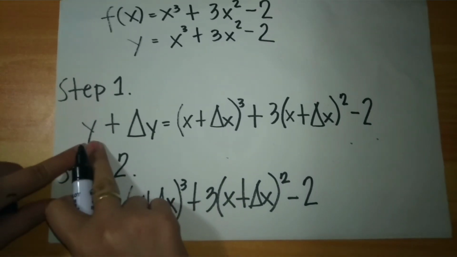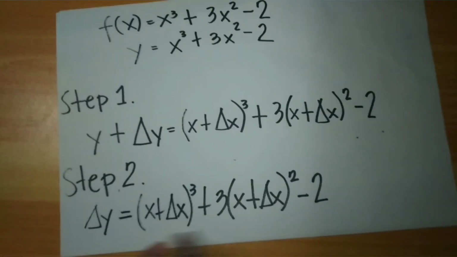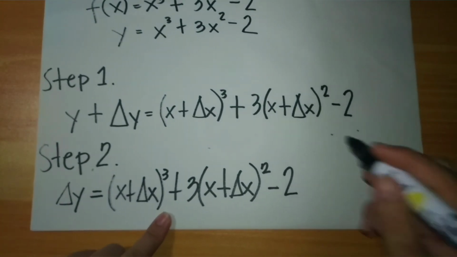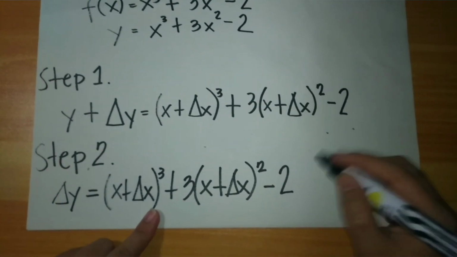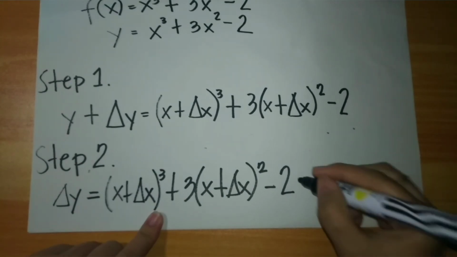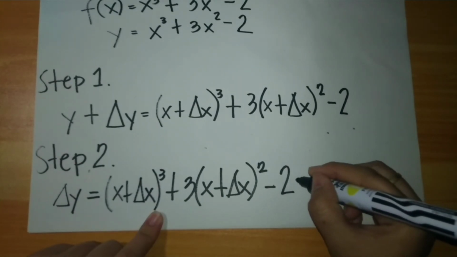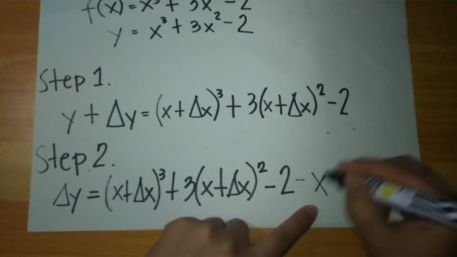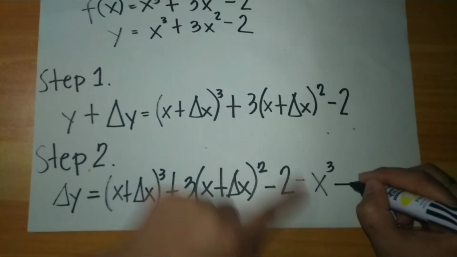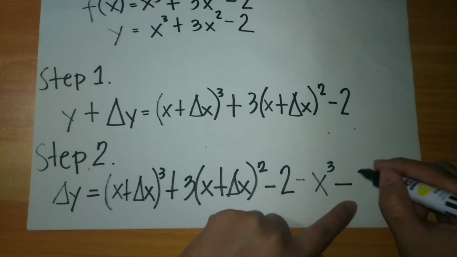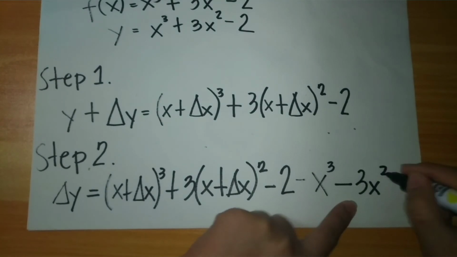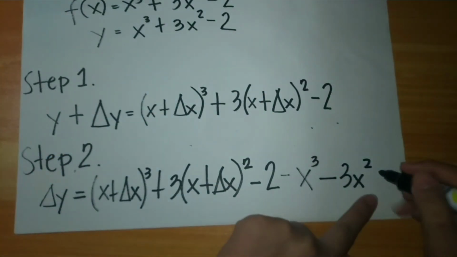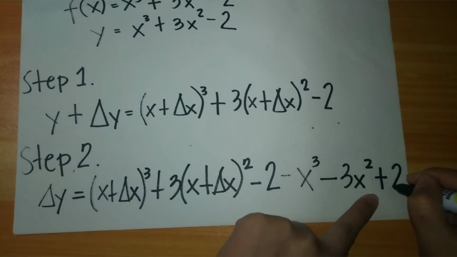Then the y we transfer to the right side, so the sign changes from positive to negative and negative to positive. So negative x cubed, plus 3x squared, and negative 2 will become positive 2.